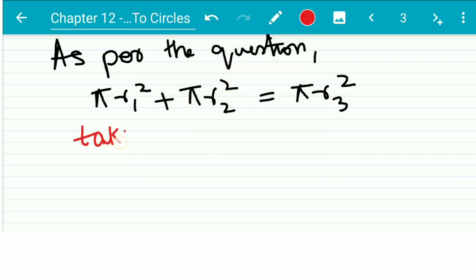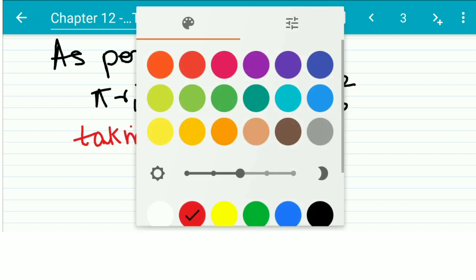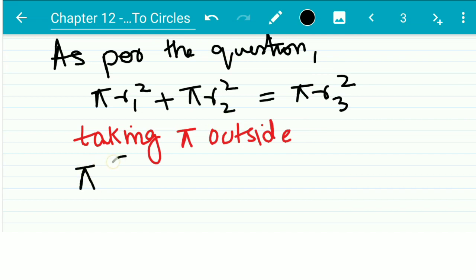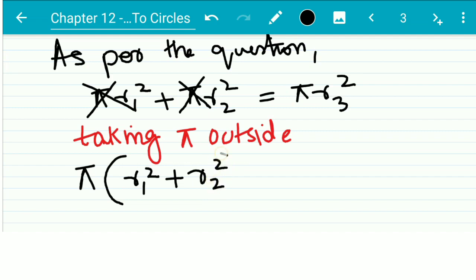Taking pi outside, pi into, open the bracket, see from here I have taken the pi, what is remaining? r1 square, plus from here also I have taken the pi outside, remaining is r2 square. So it will be pi into (r1 square plus r2 square) equal to pi r3 square.